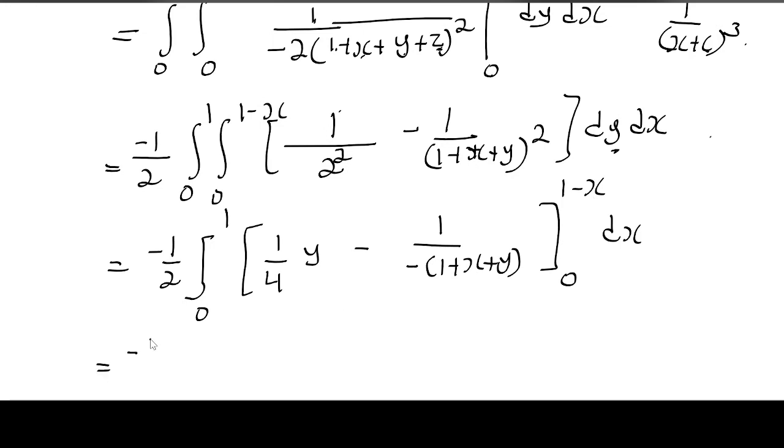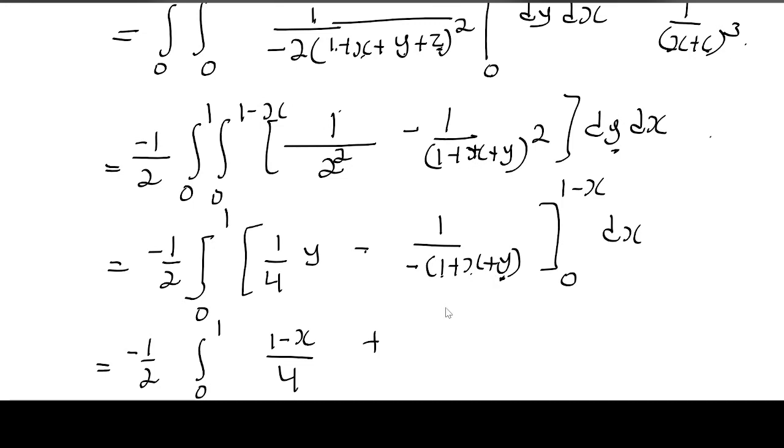Again I have to substitute the limits 0 to 1 minus x for y. Minus 1 by 2 is constant, integral 0 to 1, 1 by 4. When I substitute the limit for y as 1 minus x, that will be (1 minus x) by 4 minus the lower limit, which will be 0. And here minus into minus will be plus. When I substitute the upper limit, I'll be replacing y as 1 minus x, so x and minus x get cancelled.